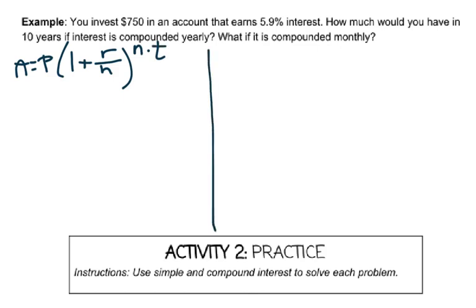So for the first one, we're talking about interest compounded yearly. So the question is, how many times in a year is a year? How many years are in a year? Well, there's just one, and so that means n is going to be 1 if we're talking about compounded yearly. So then let's plug in these values. So our initial amount, 750, and then 1 plus r, our interest rate.